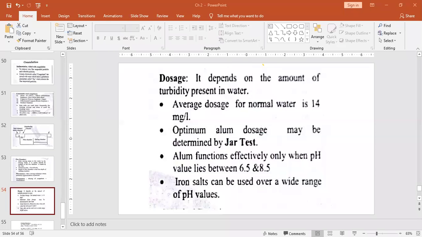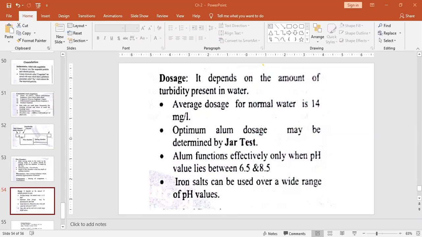All this alum dose requirement is given with alum as the coagulant. Optimum alum doses may be determined by using the jar test. What is that jar test? That also I will explain. Alum functions effectively only when the pH value lies between 6.5 and 8.5. Iron salts can be used over a wide range of pH values, but they are used for sewage treatment, not for water.